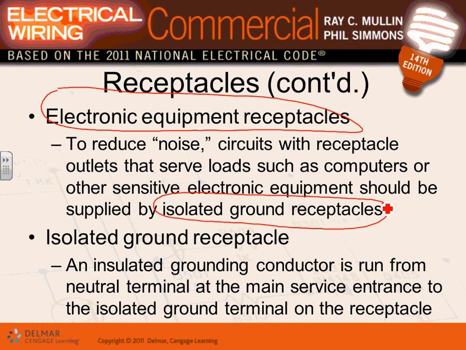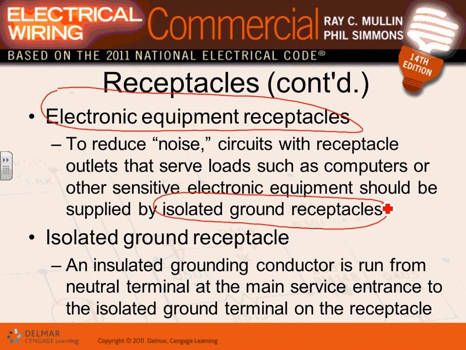What's the job of this isolated ground receptacle or isolated ground conductor? The job of that conductor is to minimize the signal interference with the operation of the electronic equipment. In order to do this, you have to have something called an isolated ground receptacle. I'll show you a picture of that one.